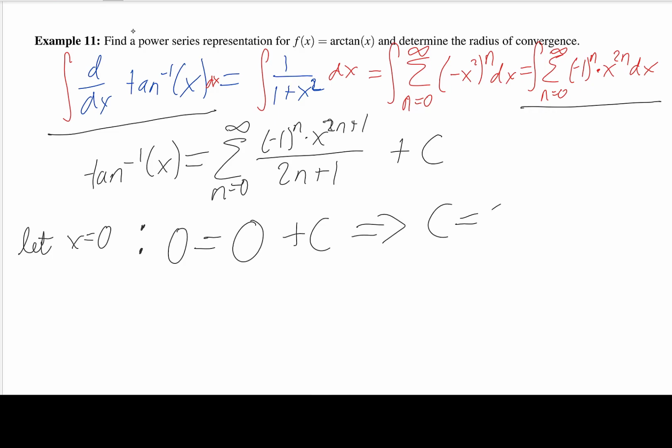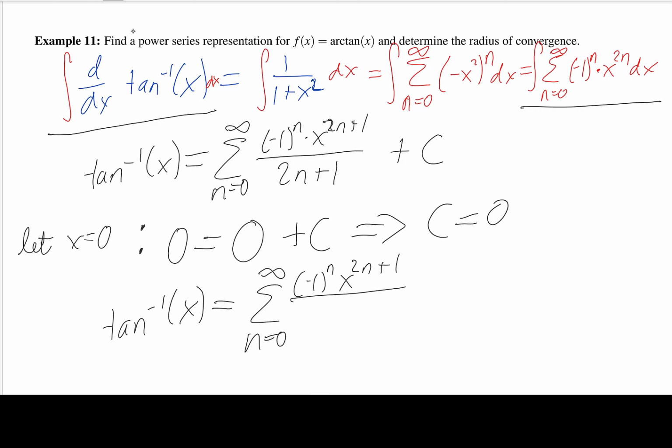And so that tells me that c is going to be equal to 0. So tan inverse of x is really just equal to the sum from n equals 0 to infinity of negative 1 to the n times x to the 2n plus 1 over 2n plus 1.